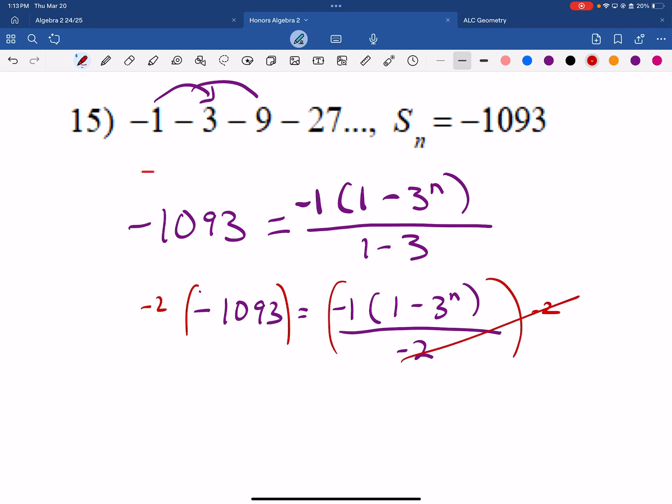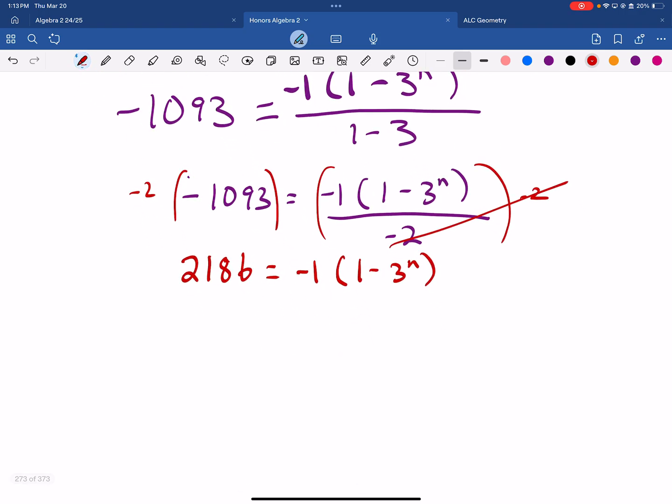That gives us 2,186, positive, equals negative 1 times 1 minus 3 to the n.